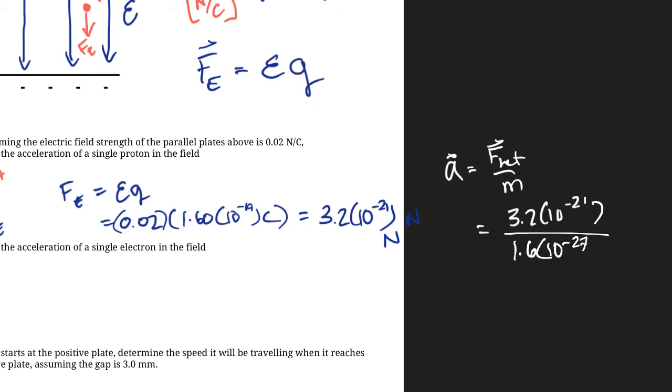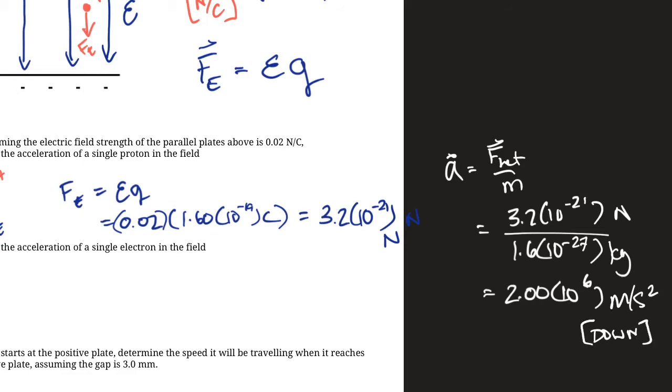Both very small numbers. And when we divide those, we are going to get 2.00 times 10 to the 6 meters per second squared. And we know the direction is downwards based on our drawing.